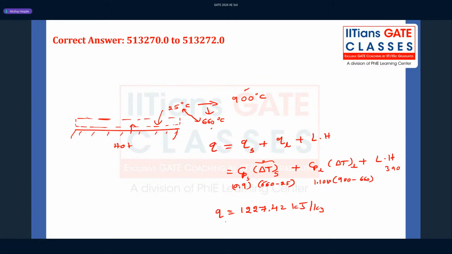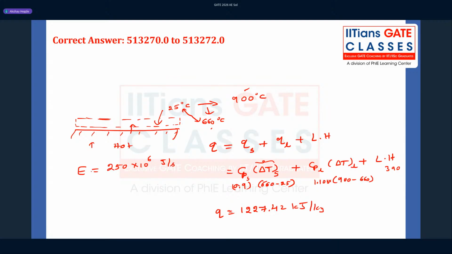Now what is the energy balance that we have to do? This is the heat being transferred. To do that, how much energy have you actually supplied? That is coming from the furnace. The energy transferred by this furnace, because it has a capacity of 250 megawatt, is 250 times 10 to the power of 6 joules per second.